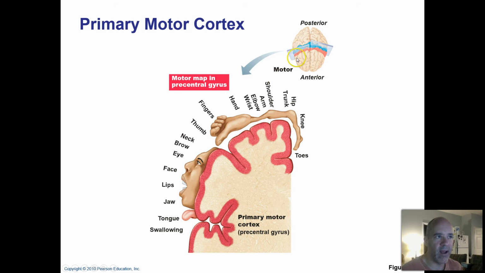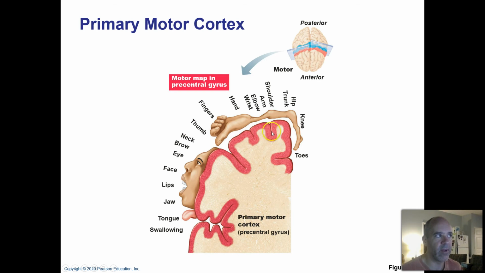Right just anterior to that central sulcus, you have a gyrus, an elevated area that runs in a strip across that area. That's called the precentral gyrus. And here you're seeing one side of it in a coronal section.